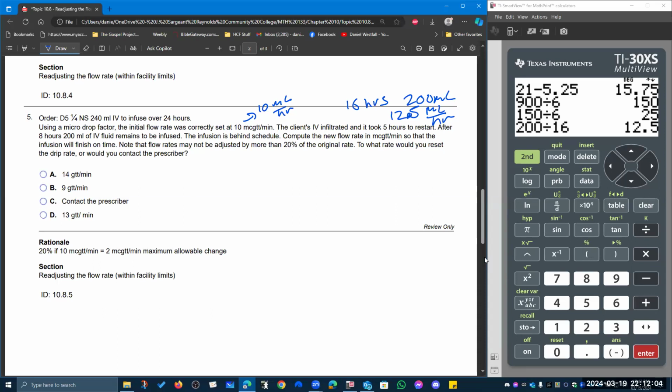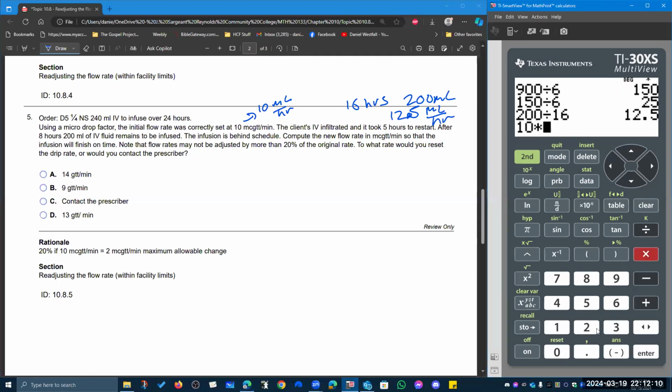And we want to see if this works. 10 times 0.25 is plus or minus 2.5.